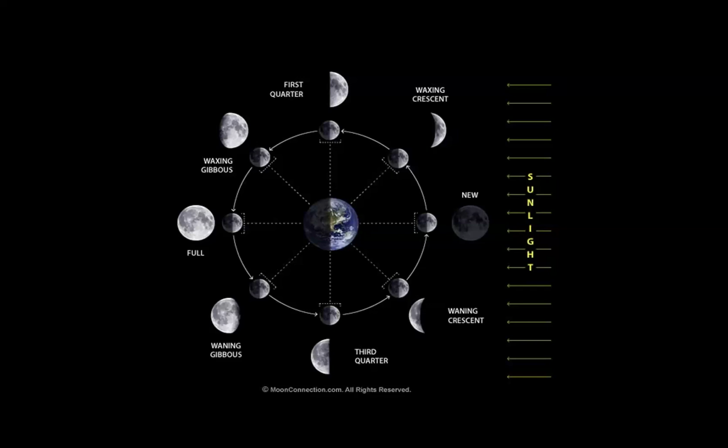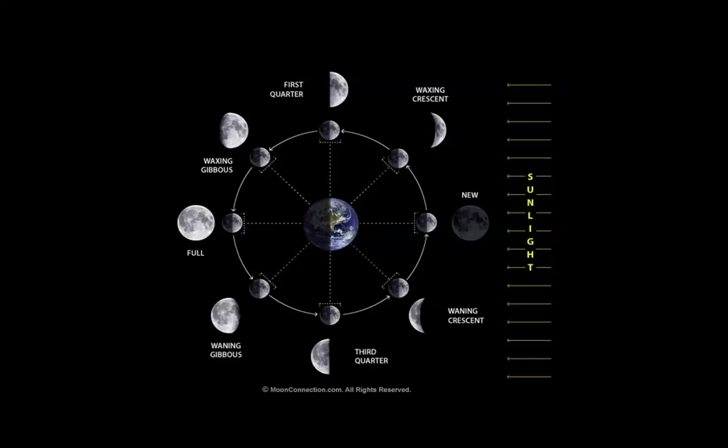So it's waxing crescent for that first week, then waxing gibbous for the second week, until the moon moves around to where it's in opposition from the sun. When it's in opposition from the sun, it rises as the sun sets. Therefore we are seeing, from our perspective, the entire half of the moon lit up for us, so it looks full.